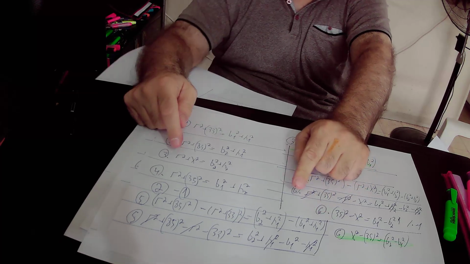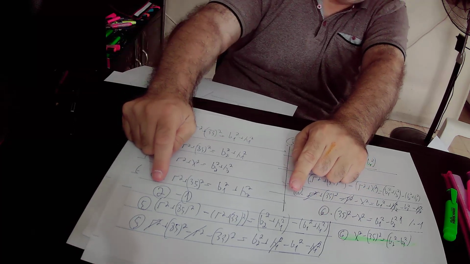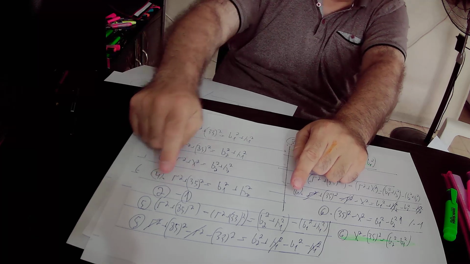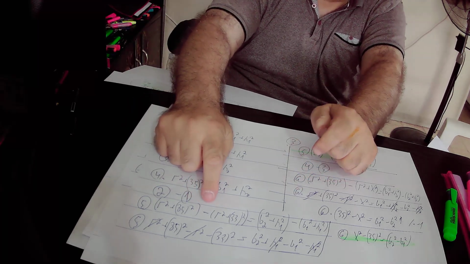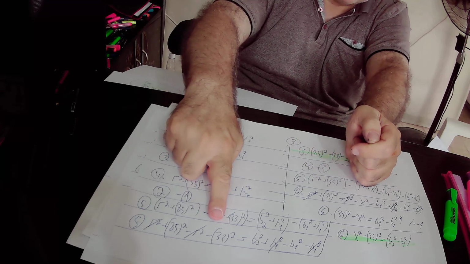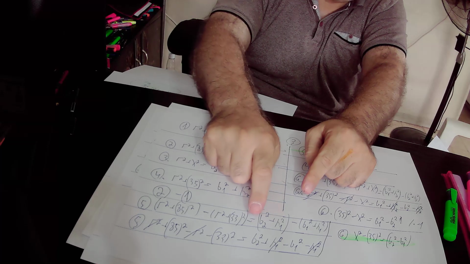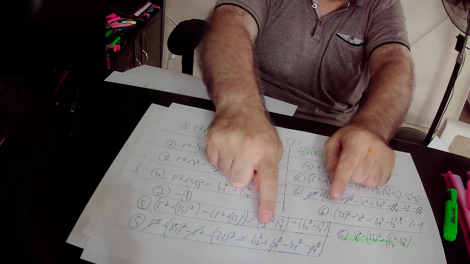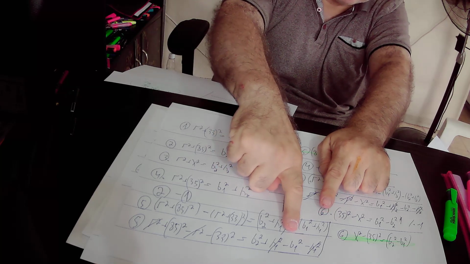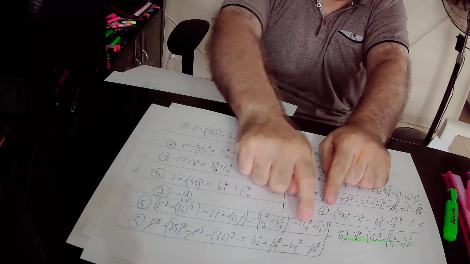Then we open the brackets of equation number 5. So here we have r square plus 85 square. We have minus before the bracket, so it is minus r square minus 33 square. That is equal to B2 square plus H1 square. We open the brackets, we have minus before the bracket, so it is minus B1 square minus H1 square.